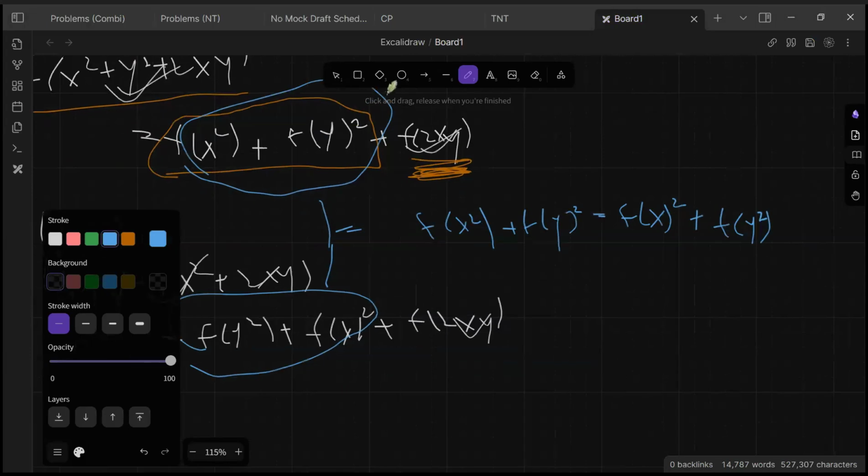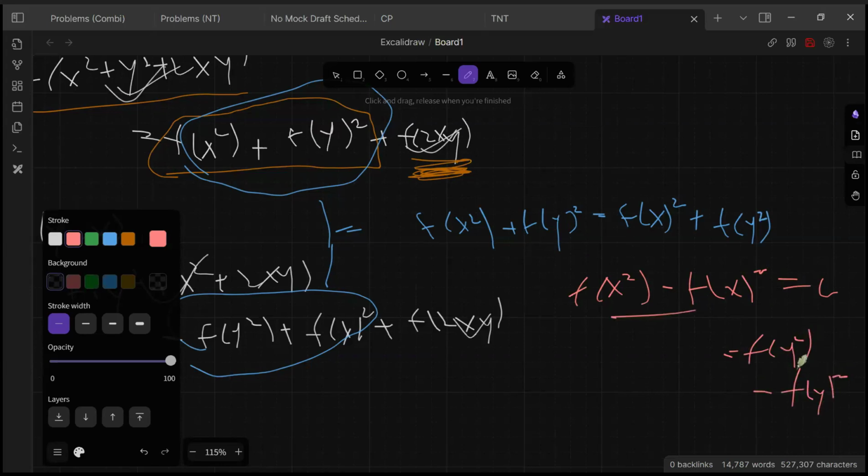What this gives is at least something like f of x squared minus f of x squared, which is constant for all values of x, because this is equal to f of y squared minus f of y squared. So for all values of x, because you can substitute any y in, this is going to be some constant. So yeah, cool, fine.